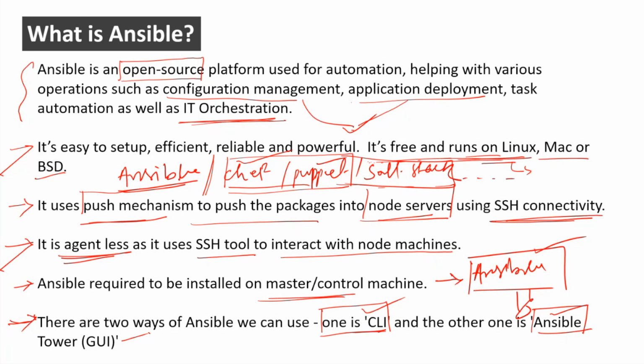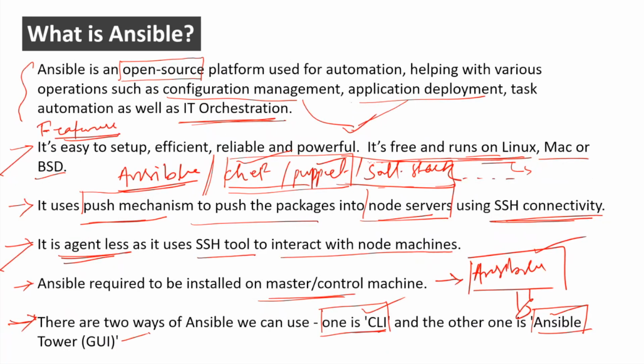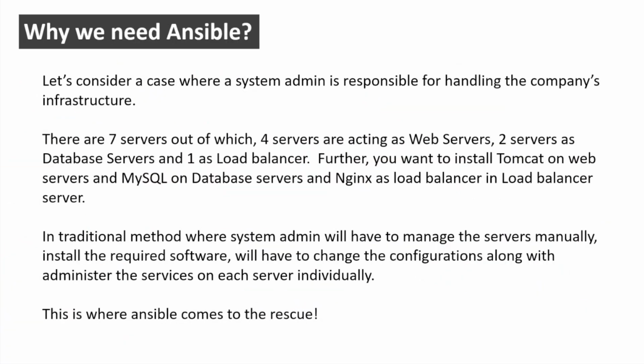So now you understood what Ansible is and what its features are. These are the features. First, we understood what Ansible is, clear about Ansible. Now let's see why we need Ansible.